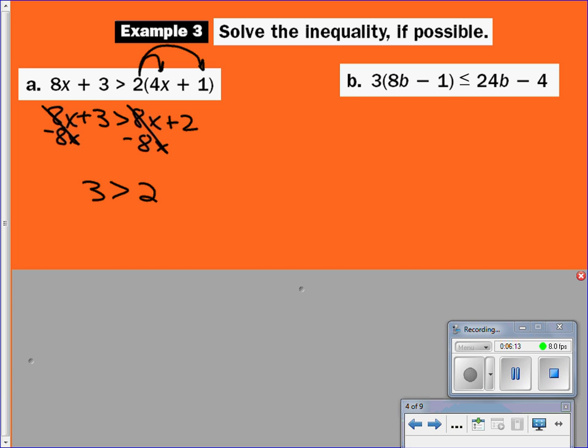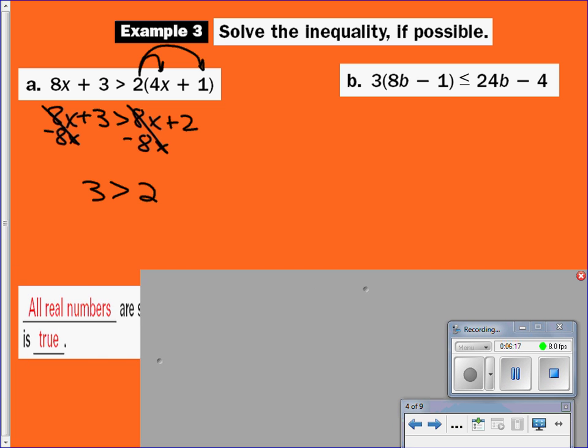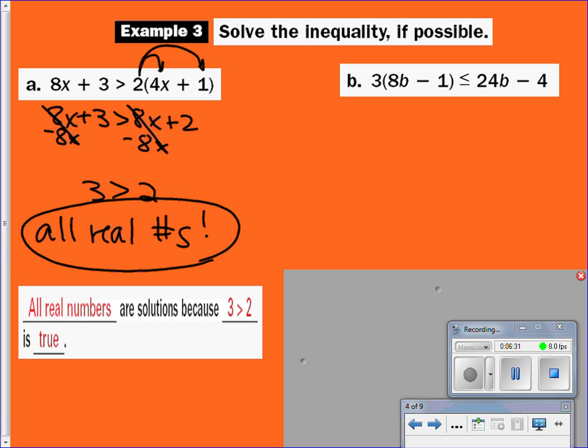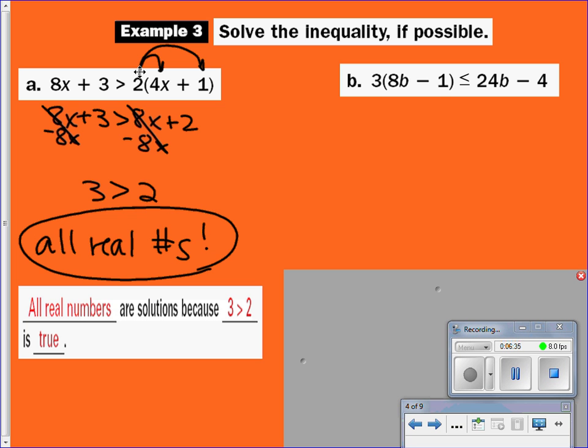And I'm left with the expression 3 is greater than 2. This is a true statement. 3 is greater than 2, so I would say that your solution is all real numbers. Your solution is all real numbers, and that's what you would write for your answer. And we said that because the statement we were left with, 3 is greater than 2, is a true statement.